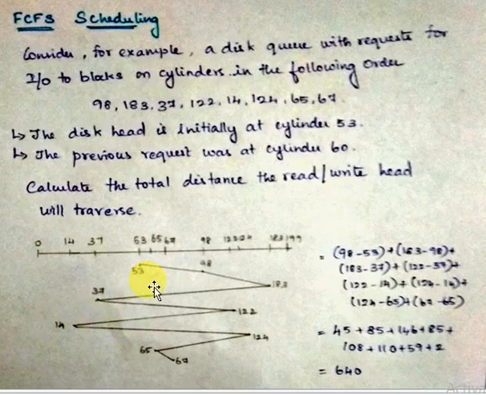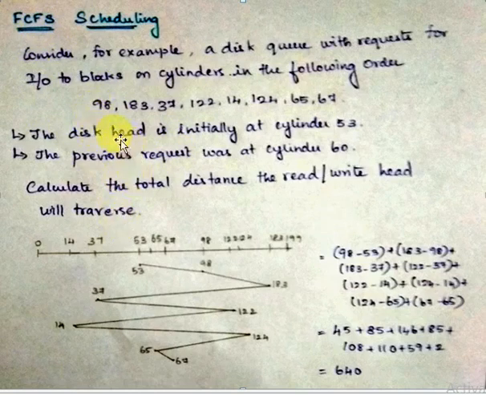As clearly mentioned in the problem, the initial disk head position was at 53. So it starts from 53. Since it's an FCFS algorithm, FCFS follows the requests in the order they arrive in the disk queue. Whatever order they come in, they are addressed in the same order.